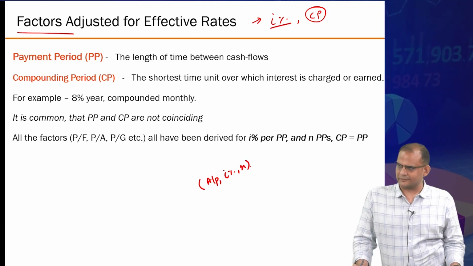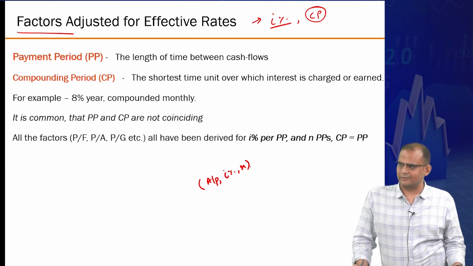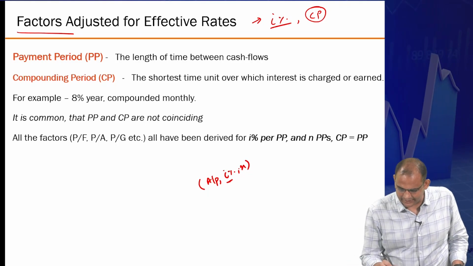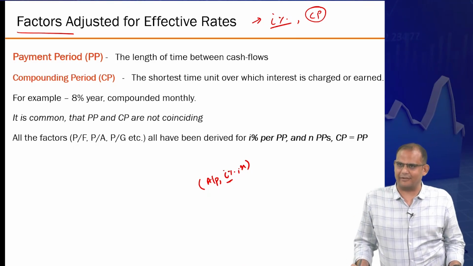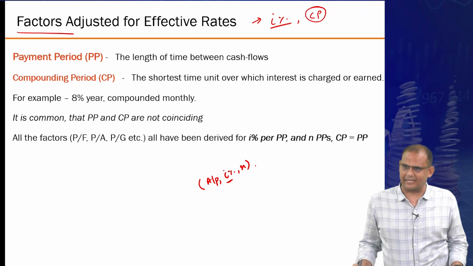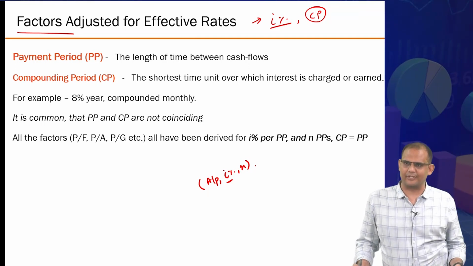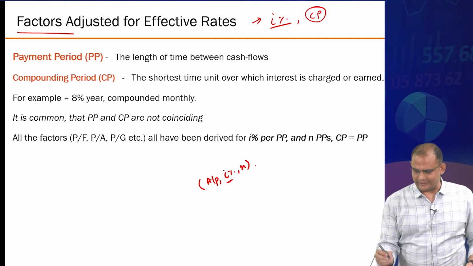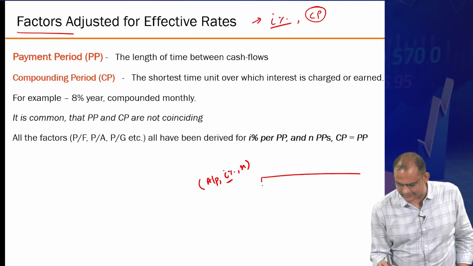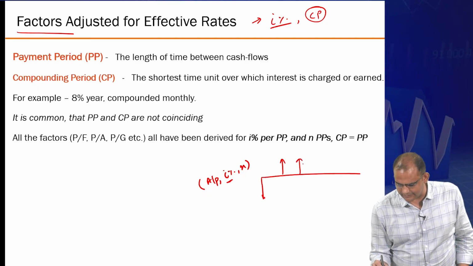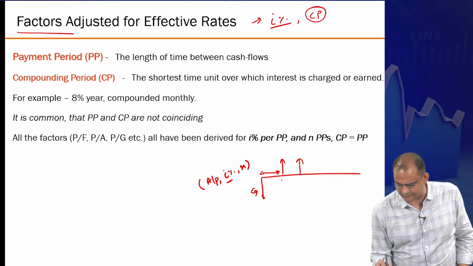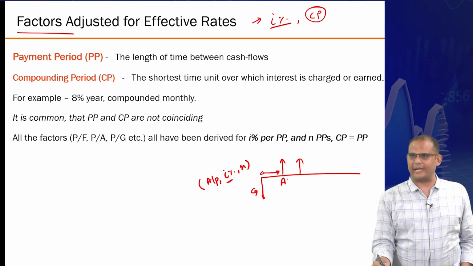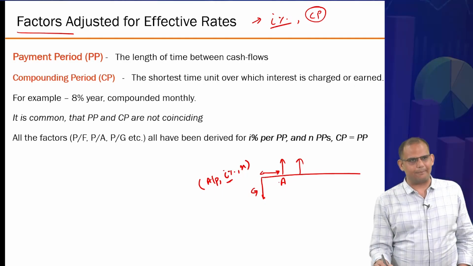Why not? You can just change i to match what? Formula setting. What is formula setting? What is the other variable where compatibility has to be assured? Yeah, but I always made you pay attention to some of the things. For example, the time gap between the first payment of the G series versus the first payment of the A series, and correspondingly the P series and all, right?